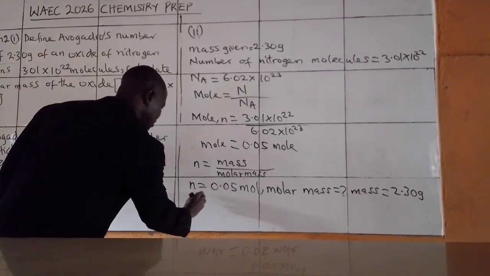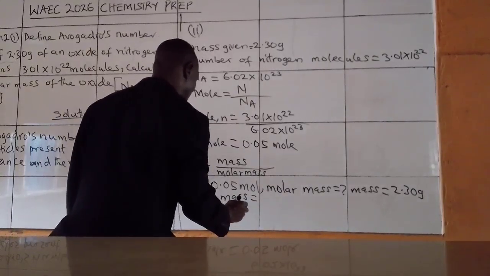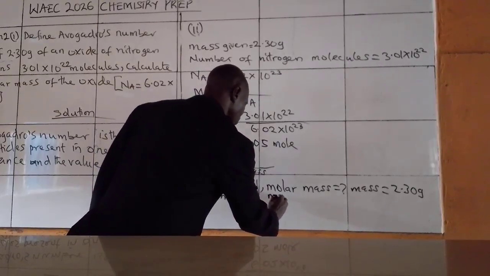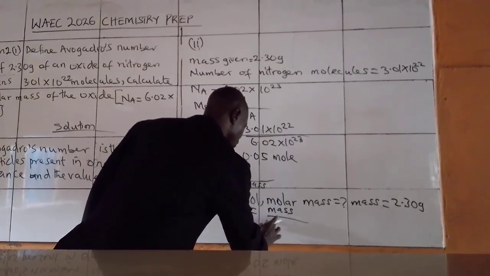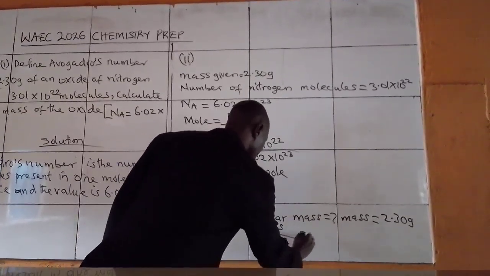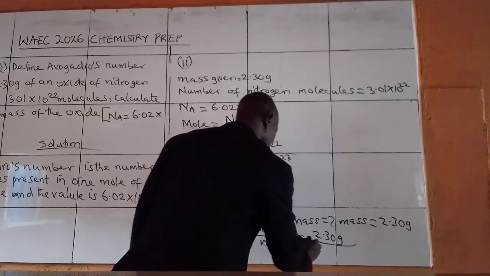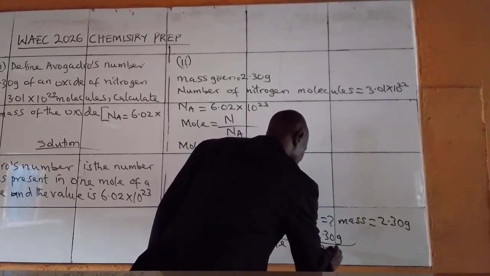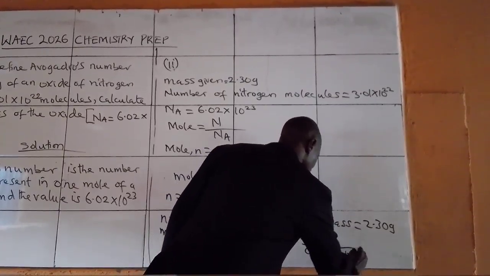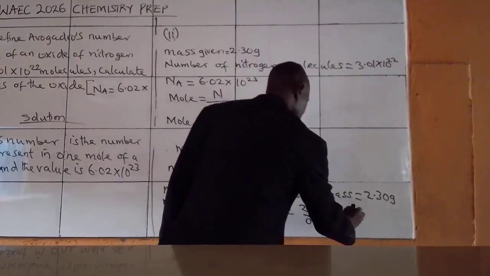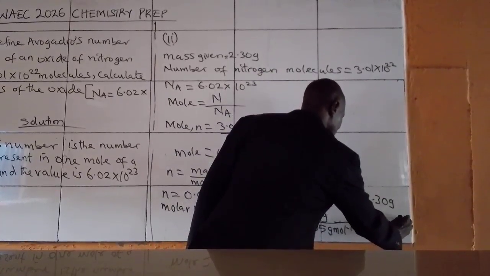Therefore, molar mass is equal to mass divided by the mole, which is equal to 2.30 gram all over 0.05 gram per mole, which is equal to 46 gram per mole.